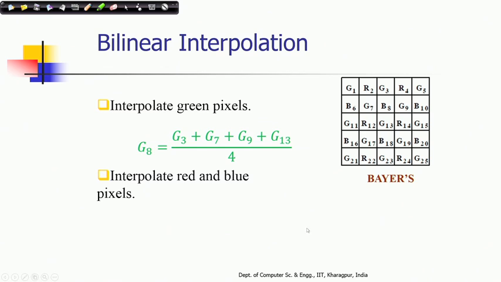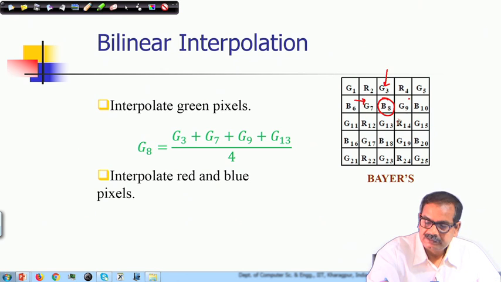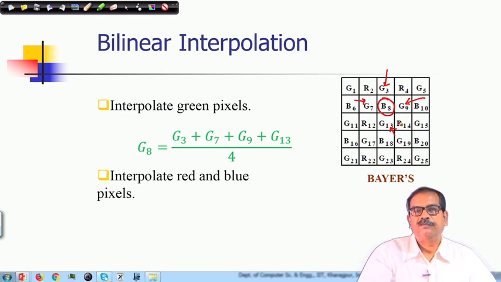This is an example of the average of 4 neighbors at pixel location B8, where the green sample is missing. You consider G7, then G9 and G13, and you divide the sum by 4, then you get the average.